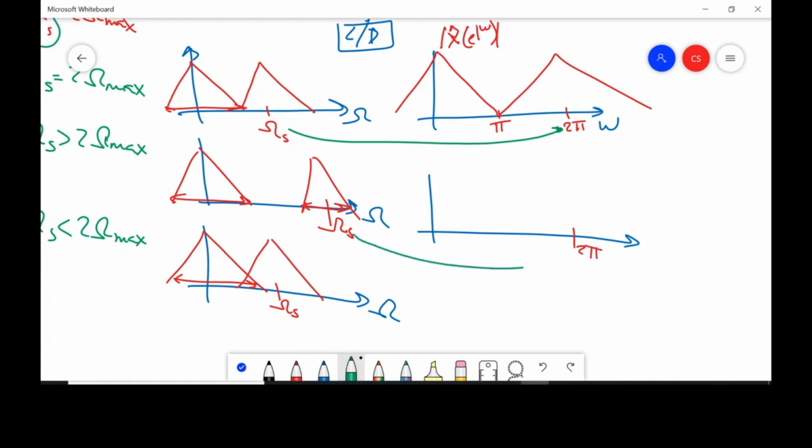Omega s goes to 2 pi, and then we have pi, and then these spectra seem to be smaller in the discrete frequency domain.